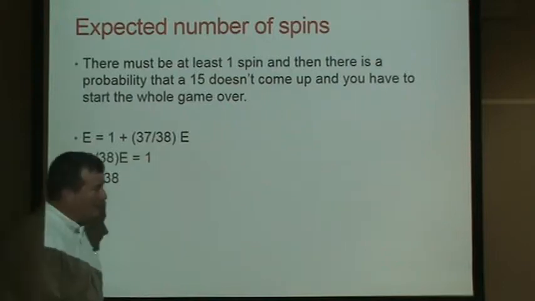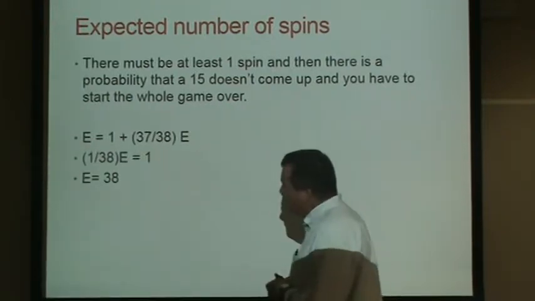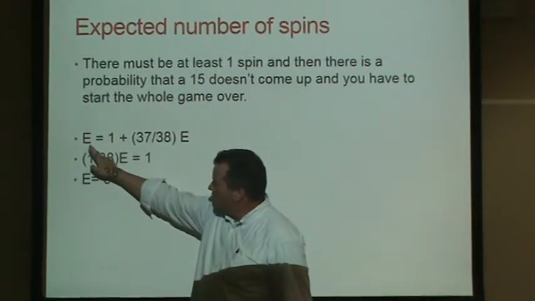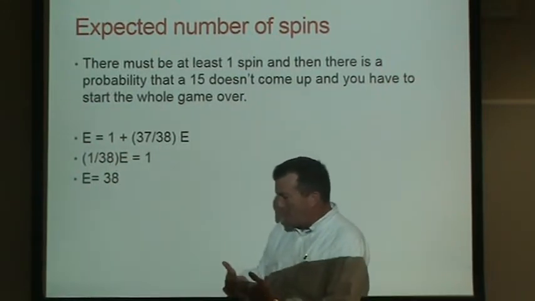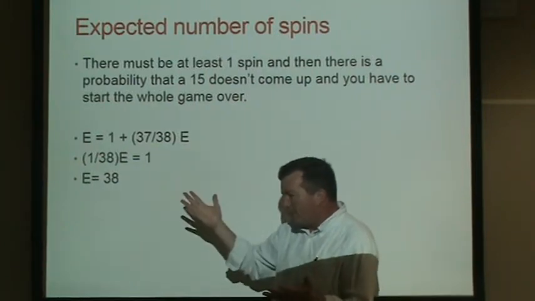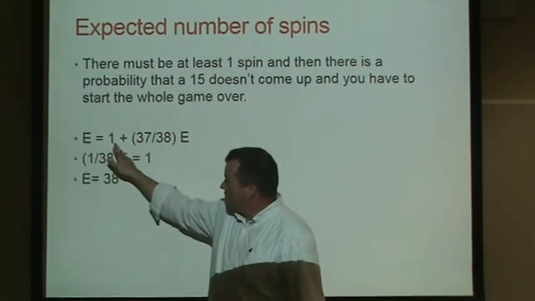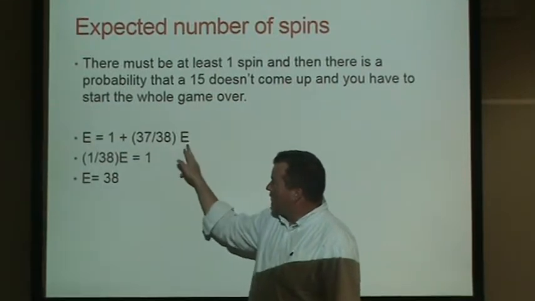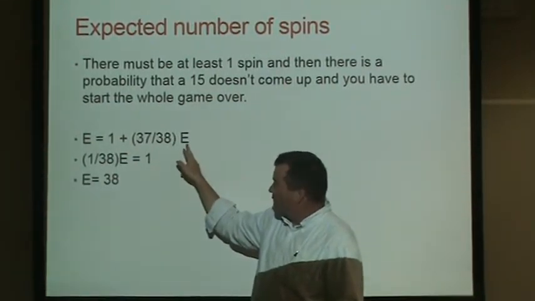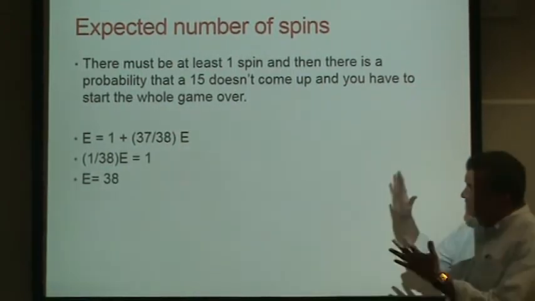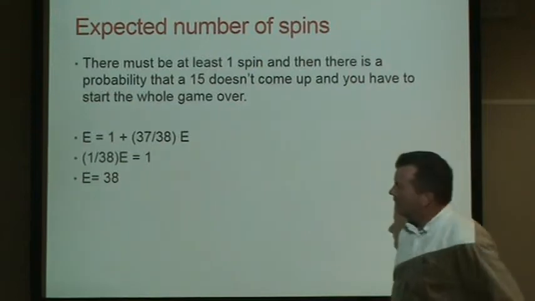We would have to start everything all over again. So this equation would be true. The expected number of spins, if you were to start right now, until we get our first number 15 would be 1 spin plus 37/38 of starting over again, whatever the expected number of spins from that point is. So we know this is a true equation, we just don't know what E is.